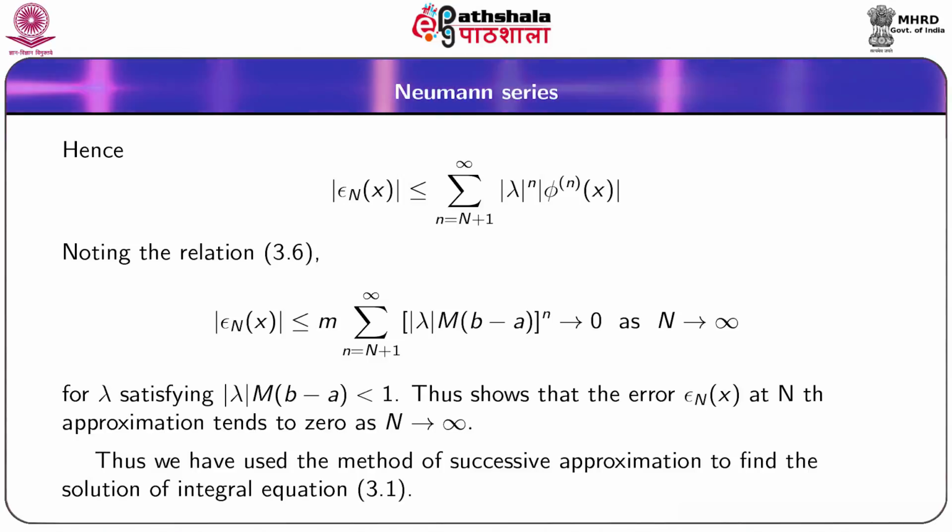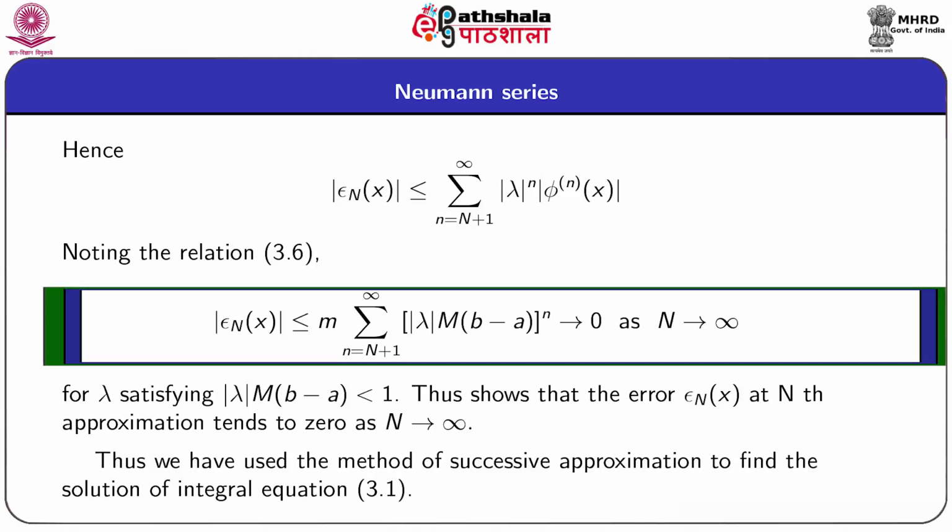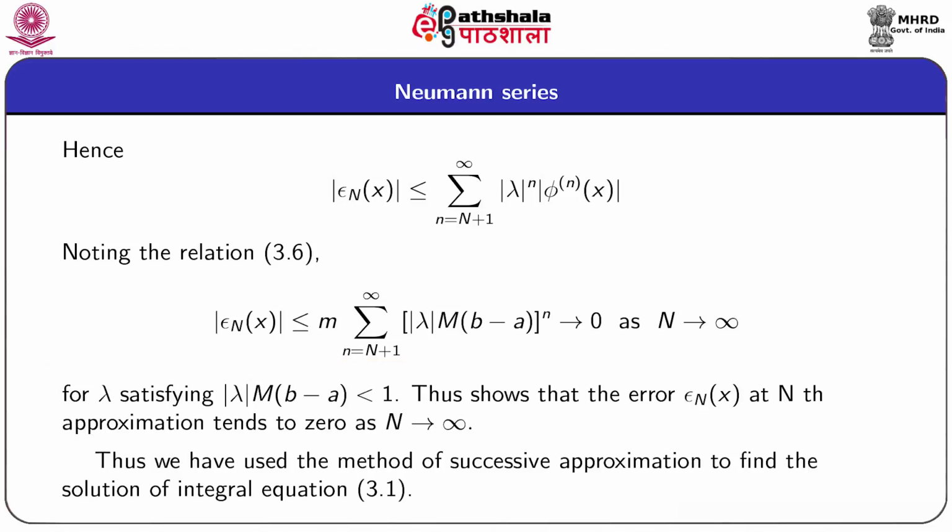Now, if we note the relation 3.6, we find that epsilon N x is less than or equal to small m into summation small n equal to capital N plus 1 to infinity mod lambda into capital M into b minus a, whole to the power small n, and which tends to 0, as this is less than 1.